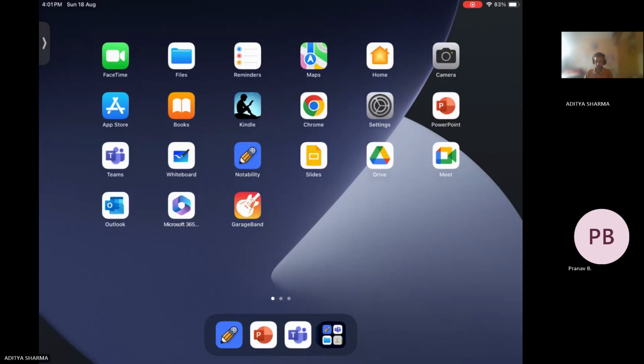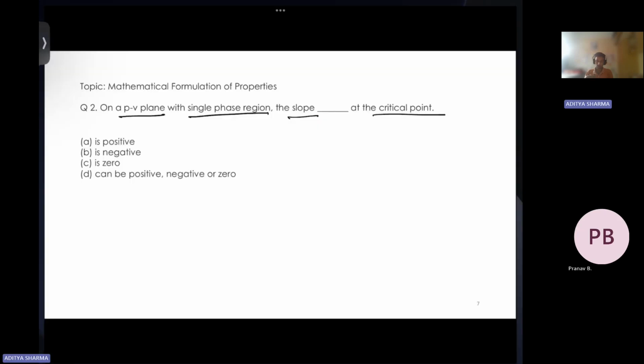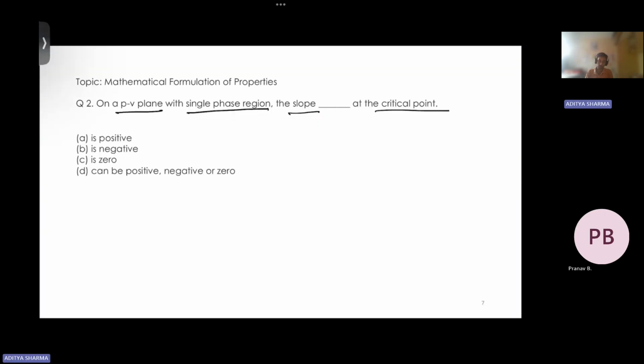Okay. So the answer to this is zero only. So all other options are incorrect. So it can be positive, negative, or zero is not the case. It will always be zero. Okay. So C option is correct.